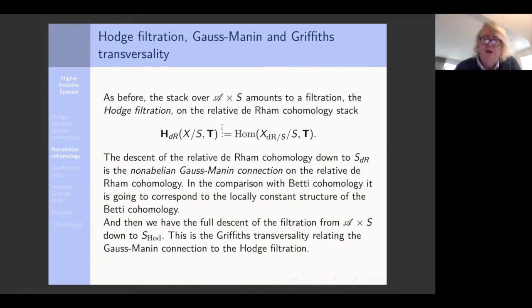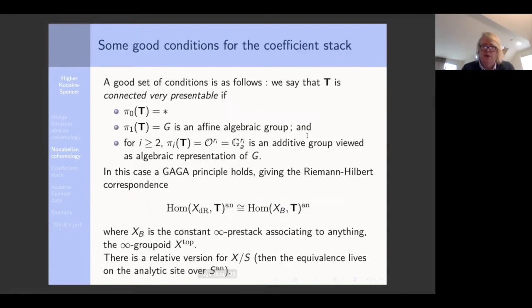Okay, so the fiber over 1 is going to be the de Rham cohomology stack, which is Hom of X de Rham over S into T. Let me recall, that's the thing which showed up here, right? I guess here we don't have a base, but that's what showed up here to have the Riemann-Hilbert correspondence.